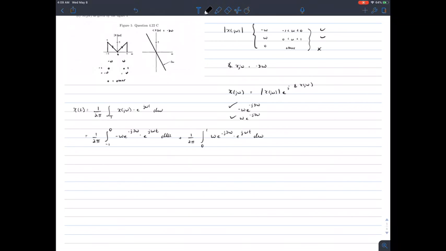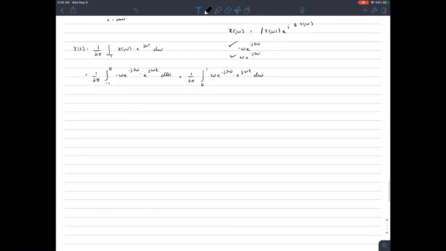Alright, so we can go ahead and combine the e's, and we're going to have to do integration by parts. Something that nobody likes to do, but it comes up a lot. Okay? So this is going to equal e to the j omega t minus 3.